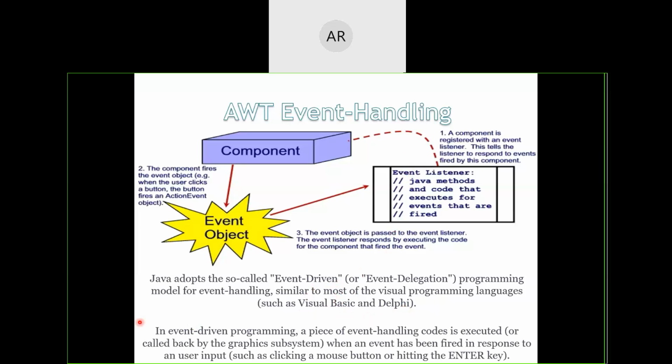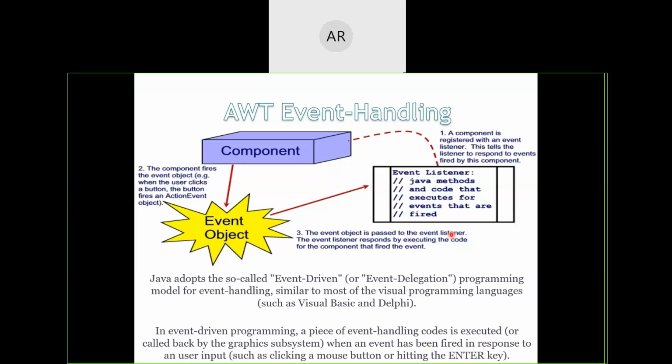In event-driven programming, a piece of event handling code, some function, also called callback methods, will get evaluated when an event has been fired in response to some user input, such as clicking a mouse button or hitting the enter button.